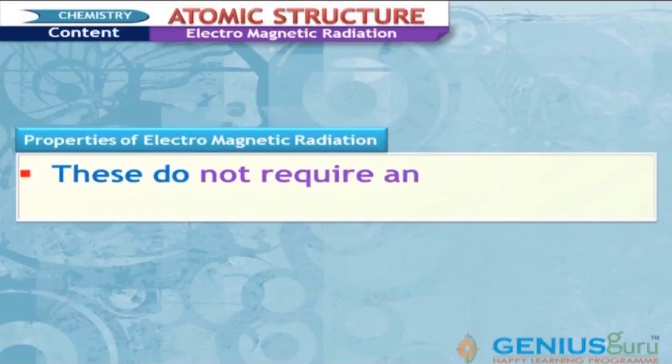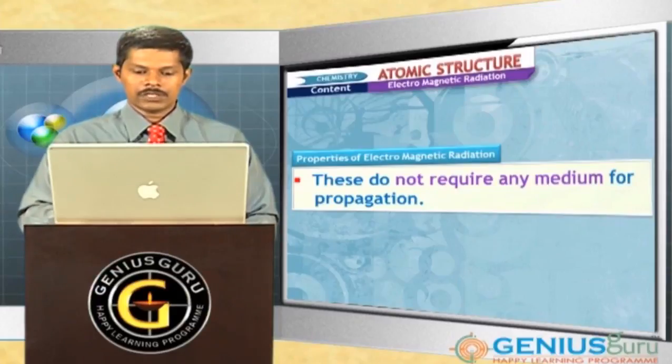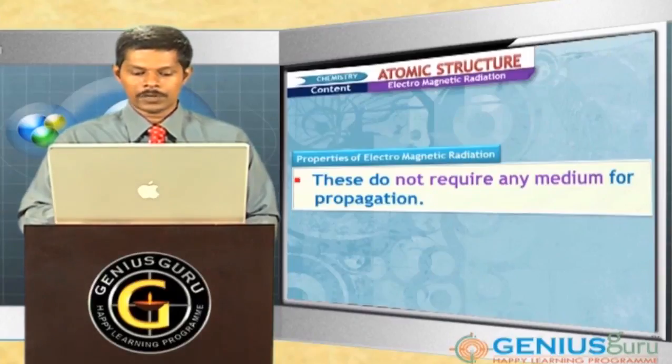Another characteristic is that electromagnetic radiations do not require any medium for propagation. This is another speciality of electromagnetic radiation. Without a medium also, they can propagate. So these are the properties of electromagnetic radiation.